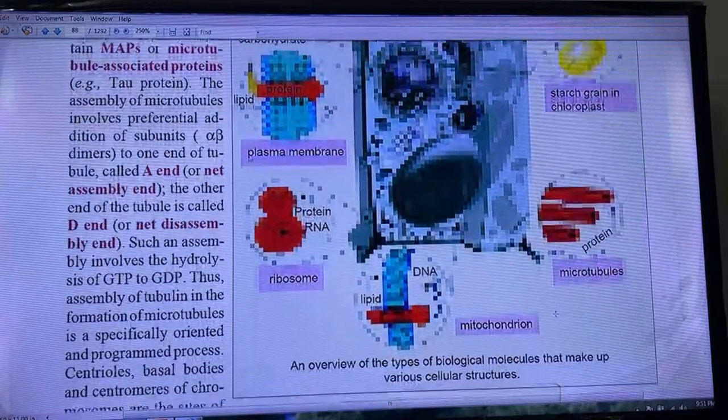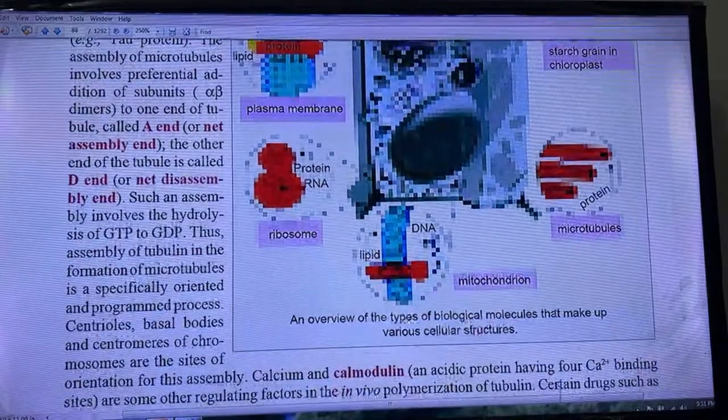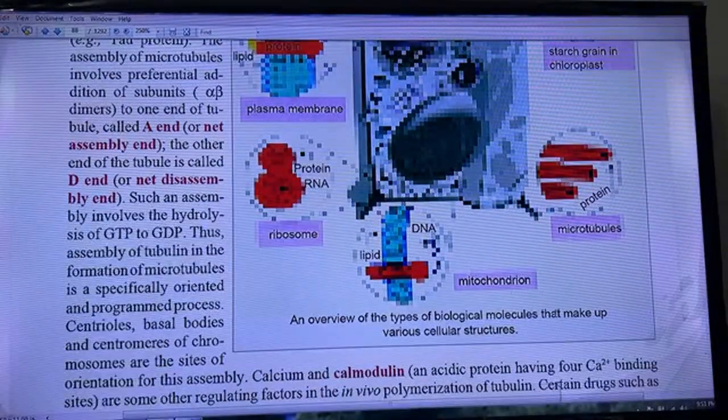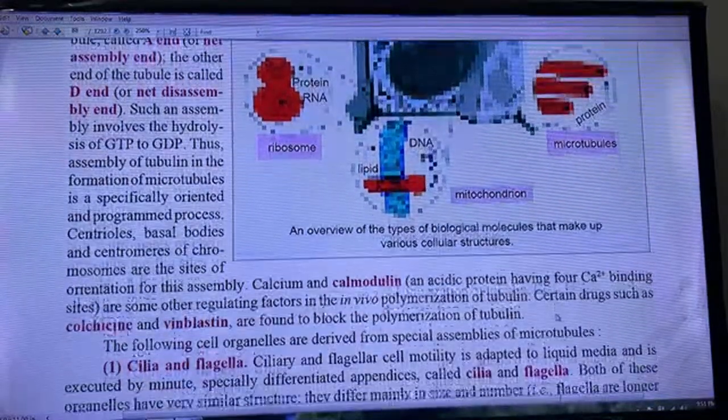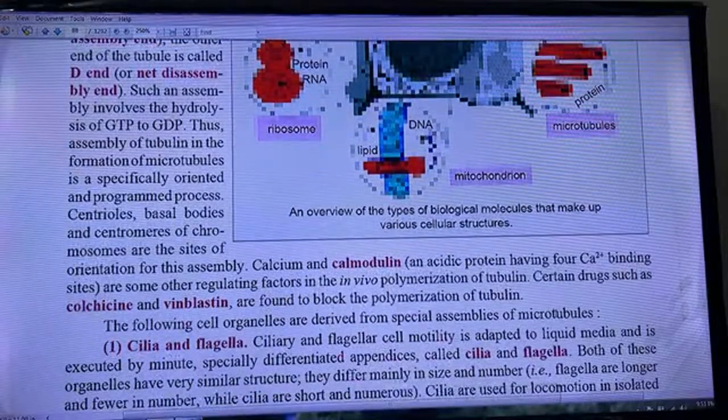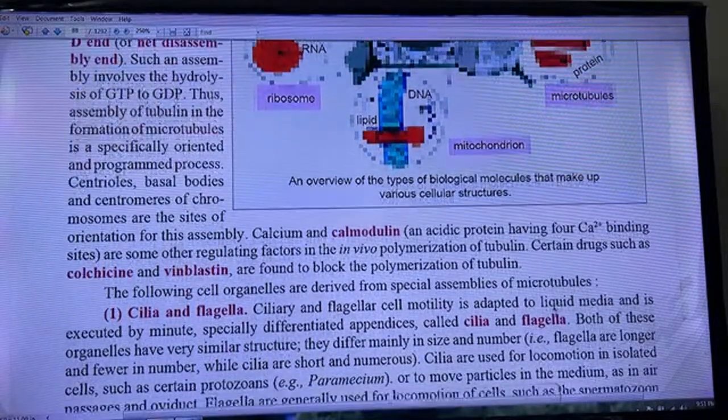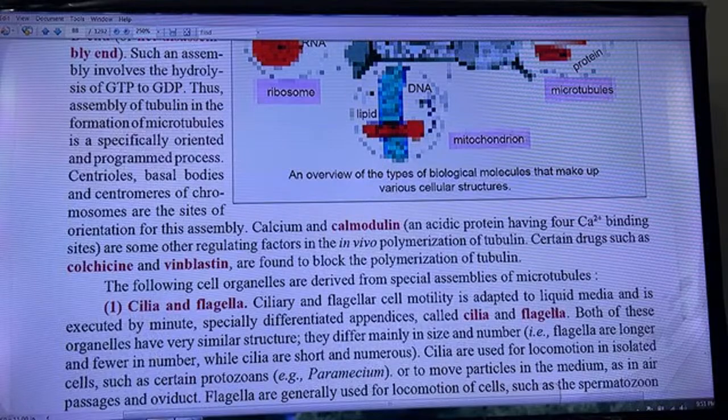The assembly of microtubules involves preferential addition of subunits, alpha beta dimers, to one end of the tubule called A end or net assembly end. The other end of the tubule is called D end or net disassembly end. Such an assembly involves the hydrolysis of GTP to GDP.